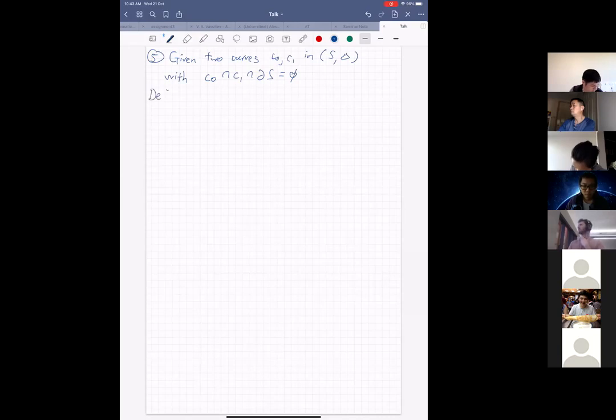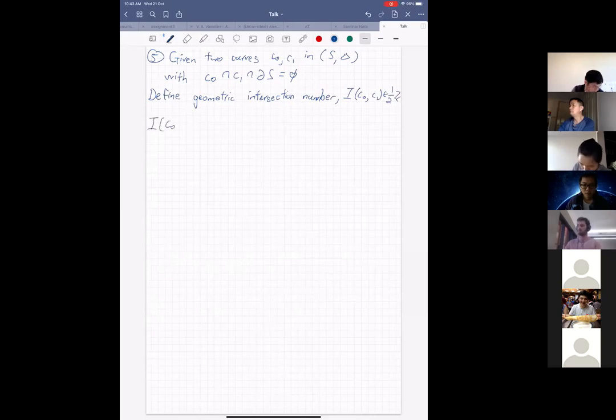So we define the geometric intersection number to be lying in a half integer.